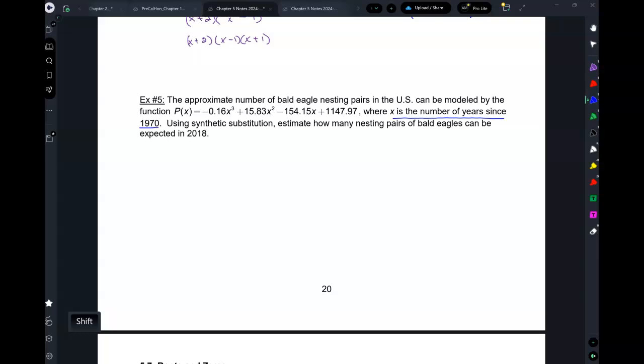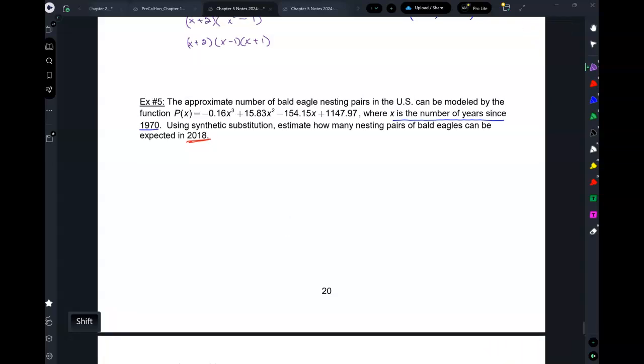Using synthetic substitution, estimate how many nesting pairs of bald eagles can be expected in 2018. In 2018, how much time has passed? 48 years, right? So 2018 minus 1970 is 48.